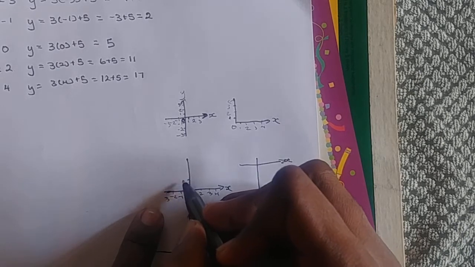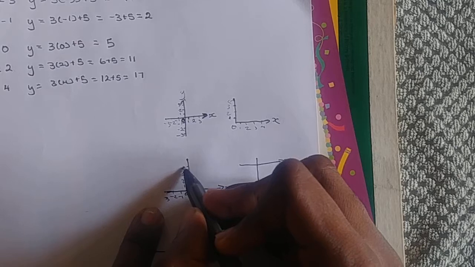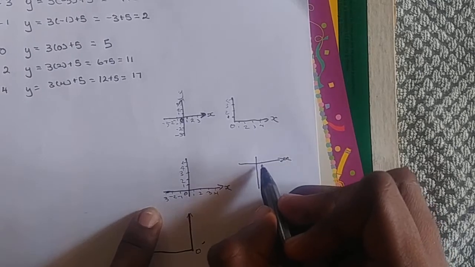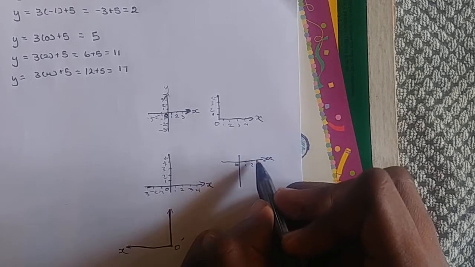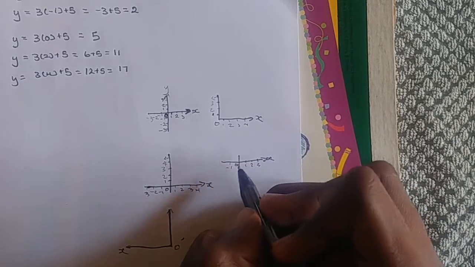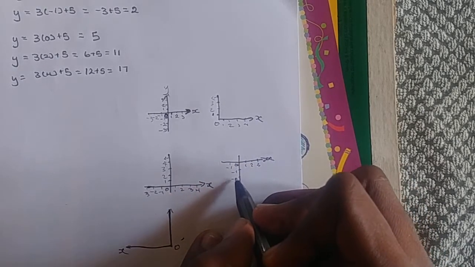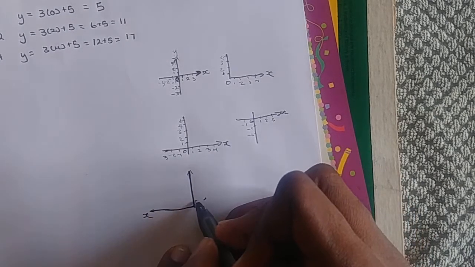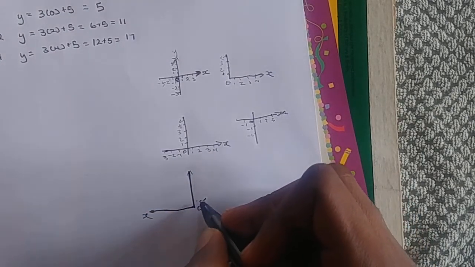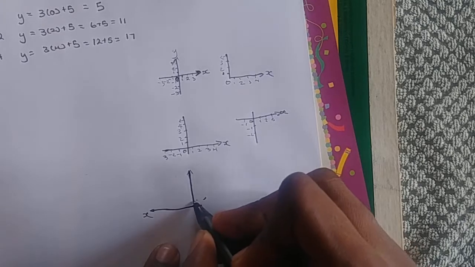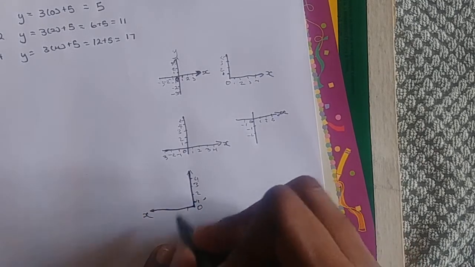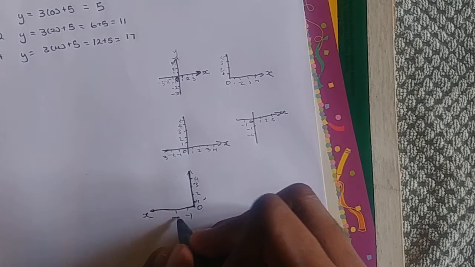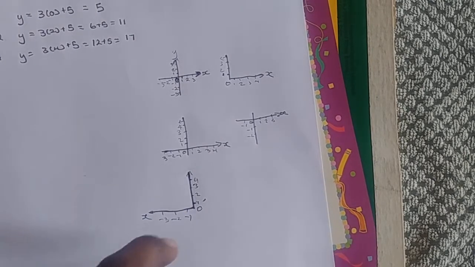Above, positive. And so on for the rest. So this is 1, 2, 3, -1, -2, and so on. This is 1, 2, 3, 4, and to the left of 0, negative: -1, -2, -3, and so on.